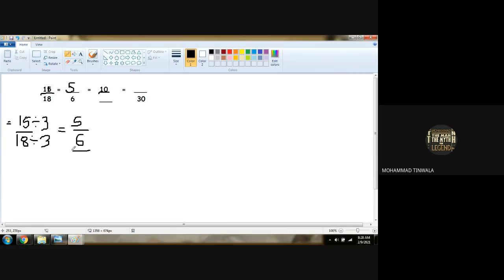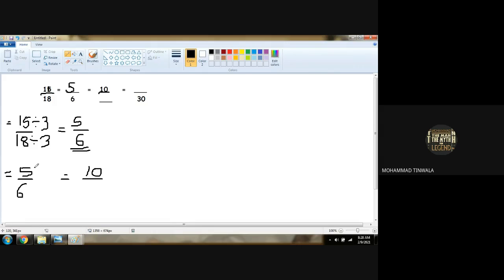Now 5 upon 6 will be our base fraction because this is the smallest term. Are you getting? Now by taking 5 upon 6, 10 is given in the numerator and the denominator is dash.